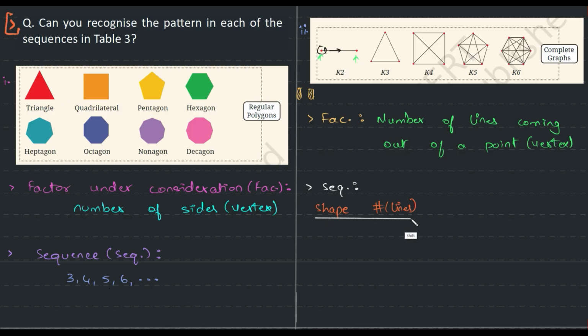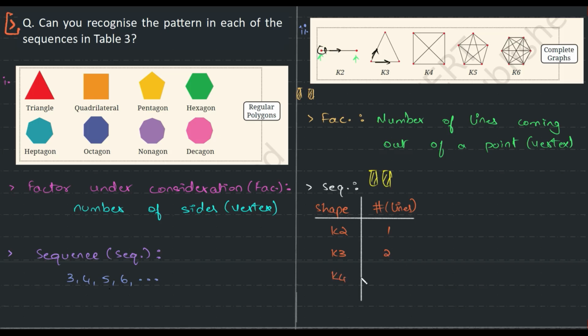Again, I want you guys to pause and think. For K2, the number of lines coming out of a point is 1. For K3, this is 1, this is 1, so this is basically 2.